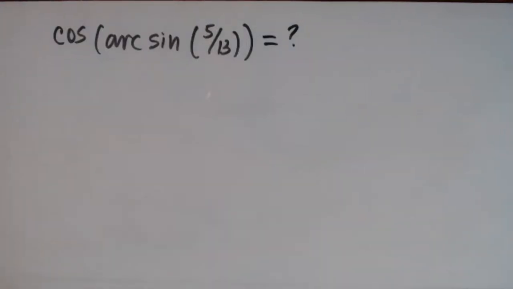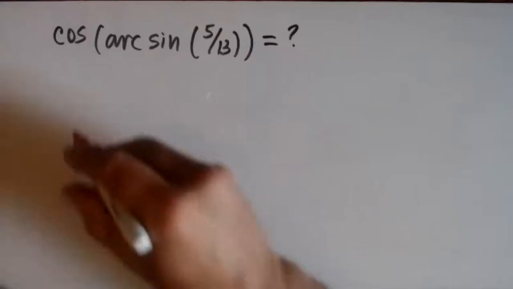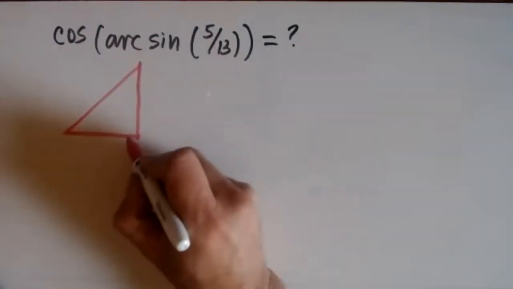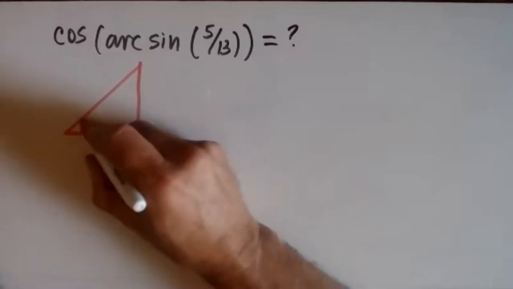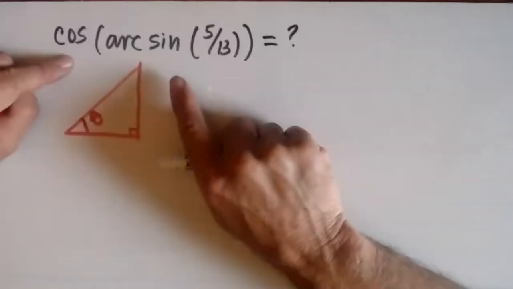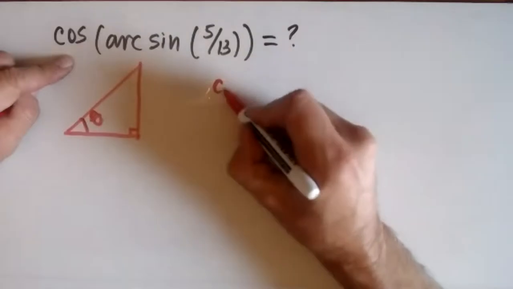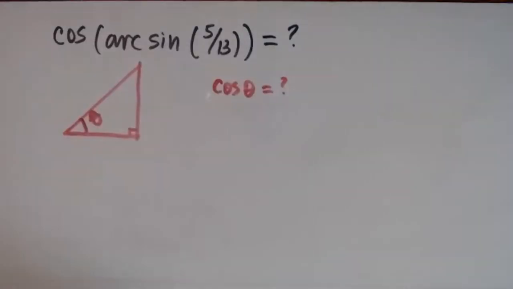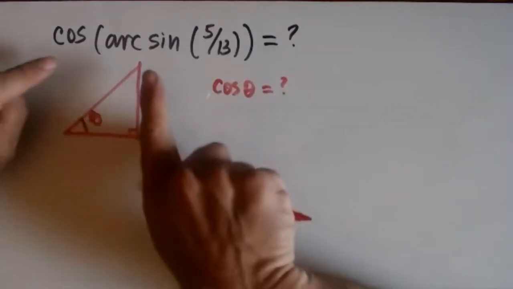Okay, remember the procedure. Number one, draw a right triangle. You draw a right triangle, you mark the angle, and then you see that you have to find the cosine. Well, this is going to be cosine of the angle. Why am I doing this?